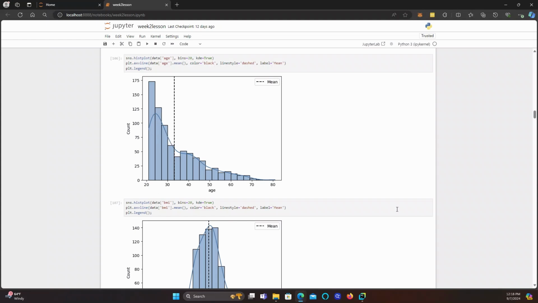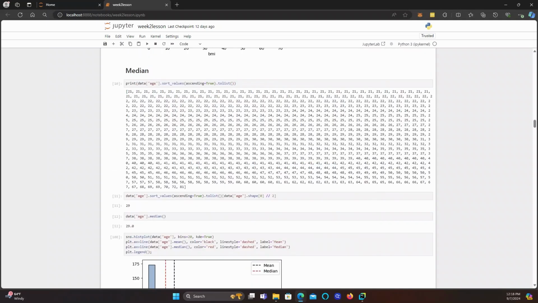The next measure of center is the median, and this is the easiest and most common way to overcome that shortcoming of the mean. So the median is the middle value, all right? We take all of the numbers and we put them in order like this, and we find the middle one. You don't have to do it by hand here. It's 29.